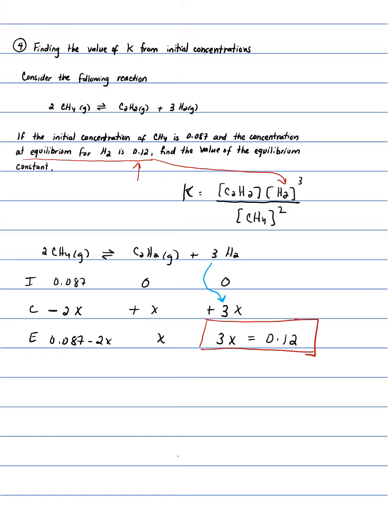If the concentration at equilibrium using the ICE table is equal to 3x, and that's equal to 0.12 because the problem is telling you at equilibrium the concentration of hydrogen is 0.12, so 3x is the same as 0.12, which means that we can actually use that information right there to find out the value of x. So it will be 0.12 divided by 3.